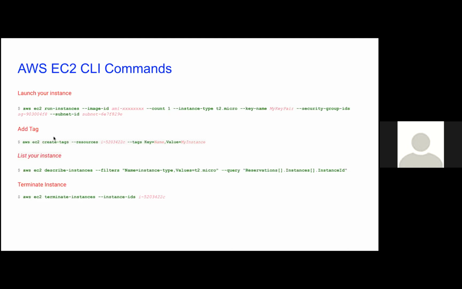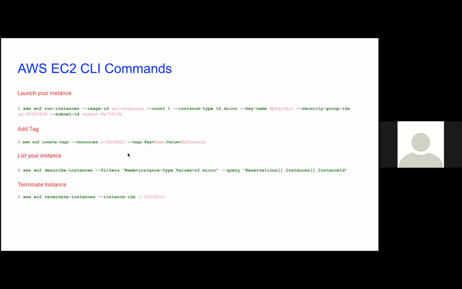Second, if you want to add a tag to your EC2 instance, you can do it programmatically. Then list your instances: whatever instances are there in your system, you can see all of them. You can also do a lot of filtering, like listing instances of a particular instance type, or all instances having a particular tag.